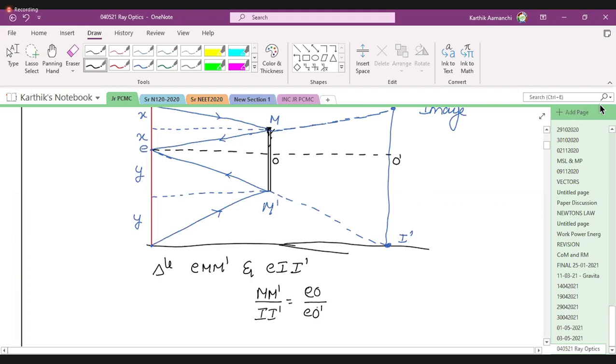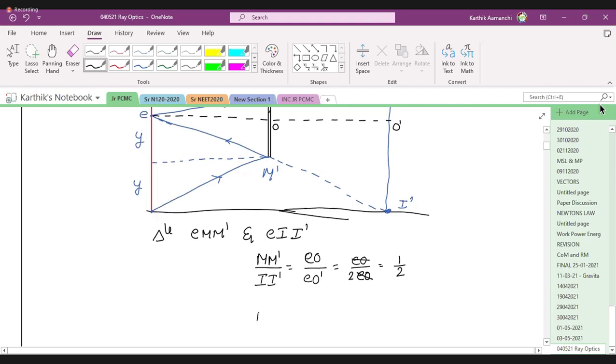This will be EO divided by 2 times EO. EO gets cancelled. This is half. M dash is equal to I dash divided by 2.